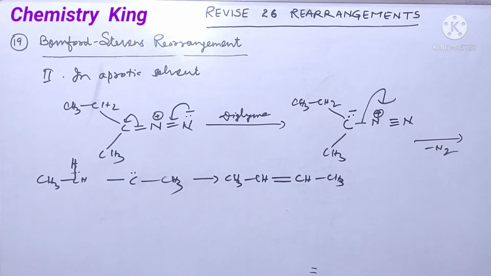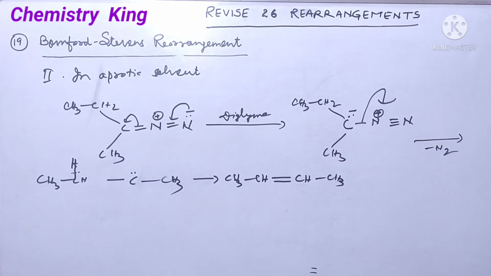Always remember the difference between Bamford-Stevens rearrangement and Shapiro rearrangement. In Shapiro rearrangement, you are getting less alkylated alkene, and in Bamford-Stevens rearrangement, you are getting more alkylated alkene, and in both the places, reactants are the same.